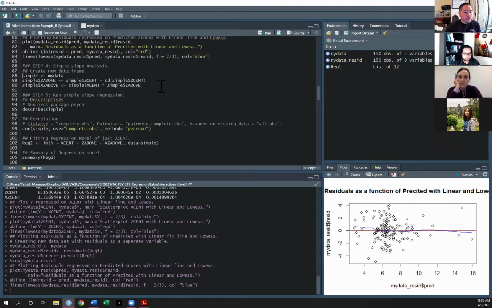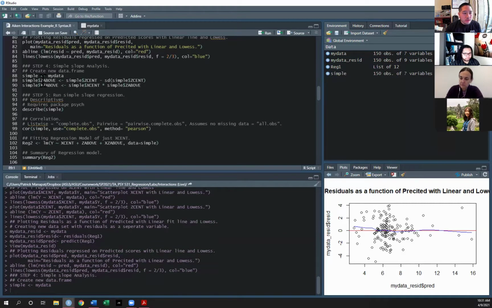So the first thing we're going to do is create a new data set called simple. And again, I'm just going to use my original data set as a base because I don't want to overwrite that data set. And then I'm going to create a new variable called z above. And this is kind of counterintuitive here.